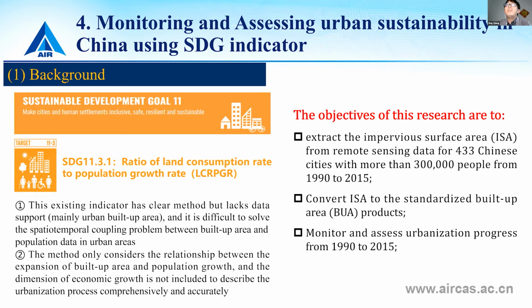For this research, the objectives are to extract this ISA data for 433 Chinese cities with more than 300,000 people from 1990 to 2015, and convert this ISA to the standard built-up area product. These two are different. We need to do the data conversion. And after that, we monitor and assess urban progress during this period.